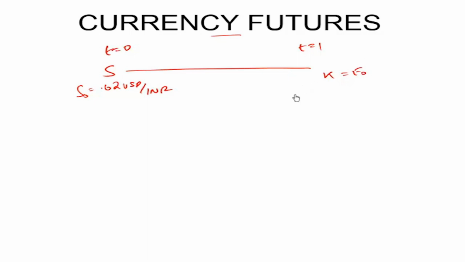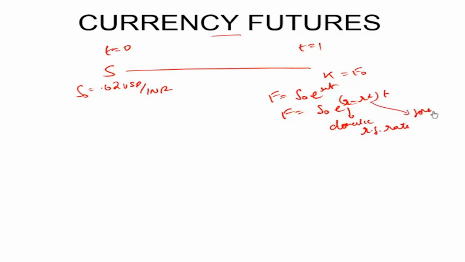Just like we studied that F is equal to S naught e raised to the power rT in the case of stocks, it can be proven that F will be equal to S naught e raised to the power (r minus r star) into T in the case of currencies, where r is the domestic risk-free rate and r star is the foreign risk-free rate.